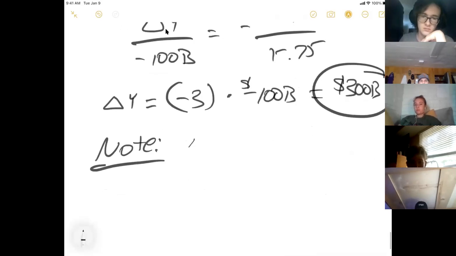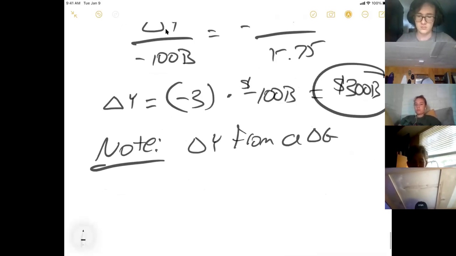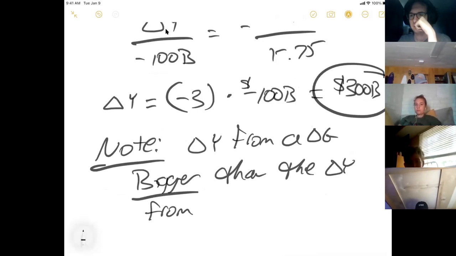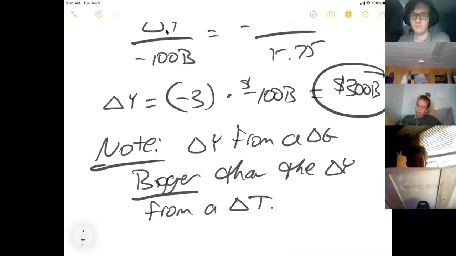So note that the change in output from a change in G is bigger than the change in Y from a change in T, right? We get a bigger change in GDP from changing government purchases than we got from cutting taxes or transfer payments.